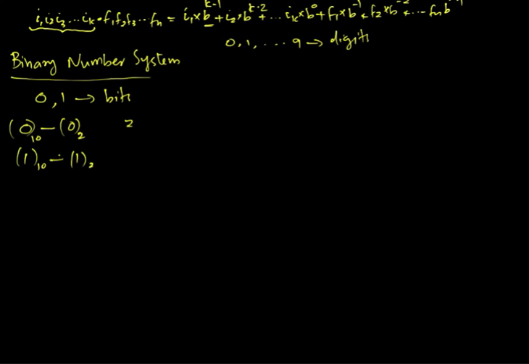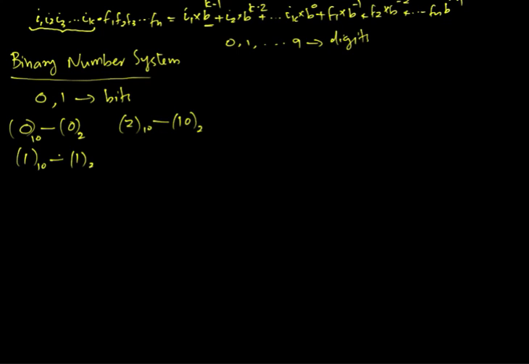Now if you consider 2 in the decimal number system, the equivalent binary number is not 2, but it will be 10, that you have studied earlier, and we will see how we can convert a decimal number into a binary number and how we can convert a binary number into a decimal number. So we are going to discuss in this lecture the conversion of a binary number to a decimal number and a decimal number to a binary number.